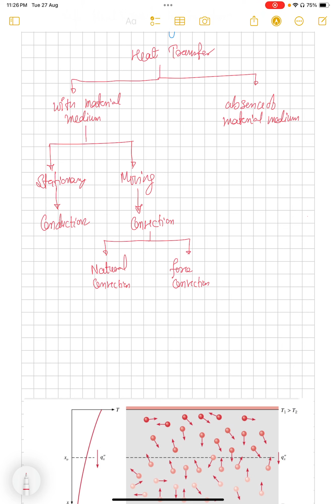This category of convection heat transfer is the without phase change process. There is one more category of convection which is with phase change, which is nothing but boiling and condensation.